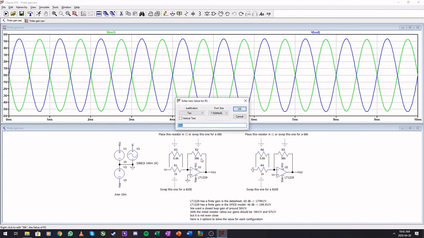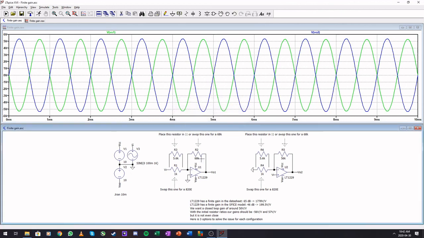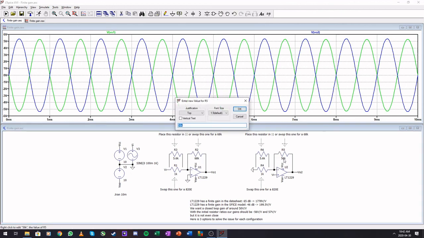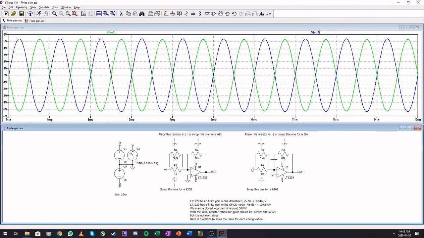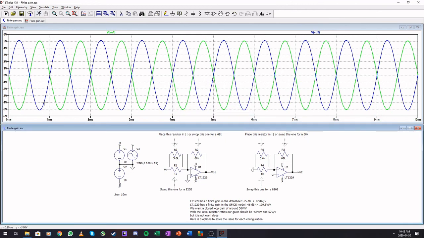The second one is to make this 68 kilo ohms. These two will be more accurate or closer to 50 volts per volts. Let's run it. And the green one, so the inverting, is on the dot and the non-inverting is a bit over, like we would expect.